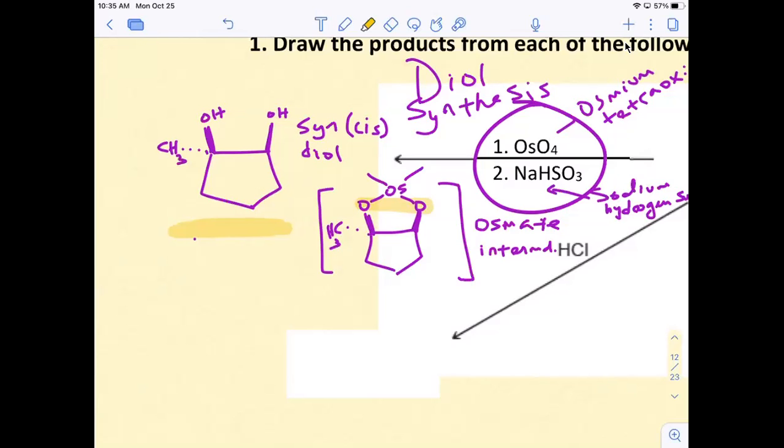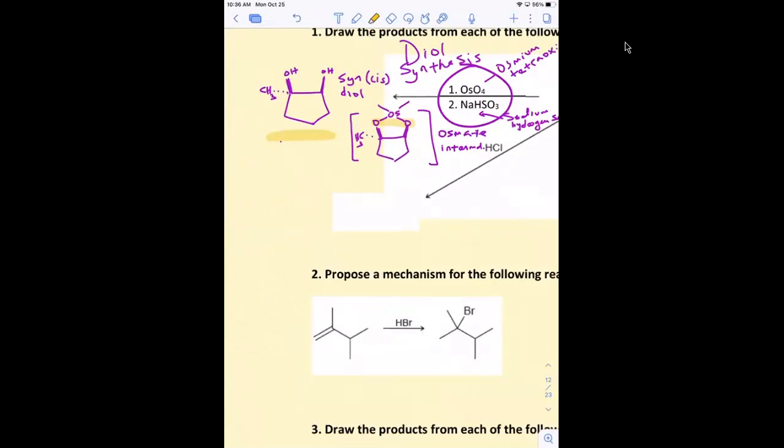You said that in the intermediate, you need to break it up. So how would the arrows go? For the intermediate part right here, you mean with the sodium hydrogen sulfide? Yes. Yeah, so that is a little bit beyond the scope of the class. There's some debate on whether it's a radical process or a polar process.